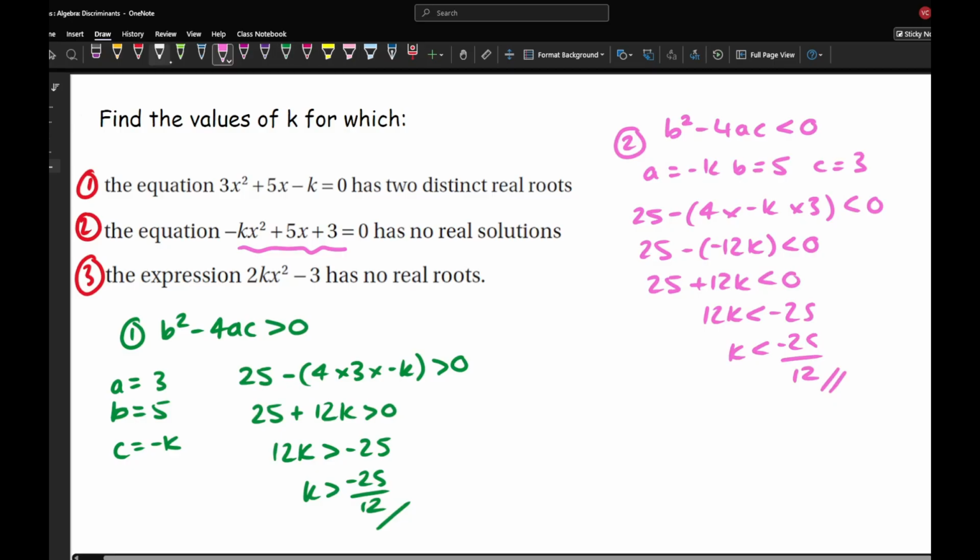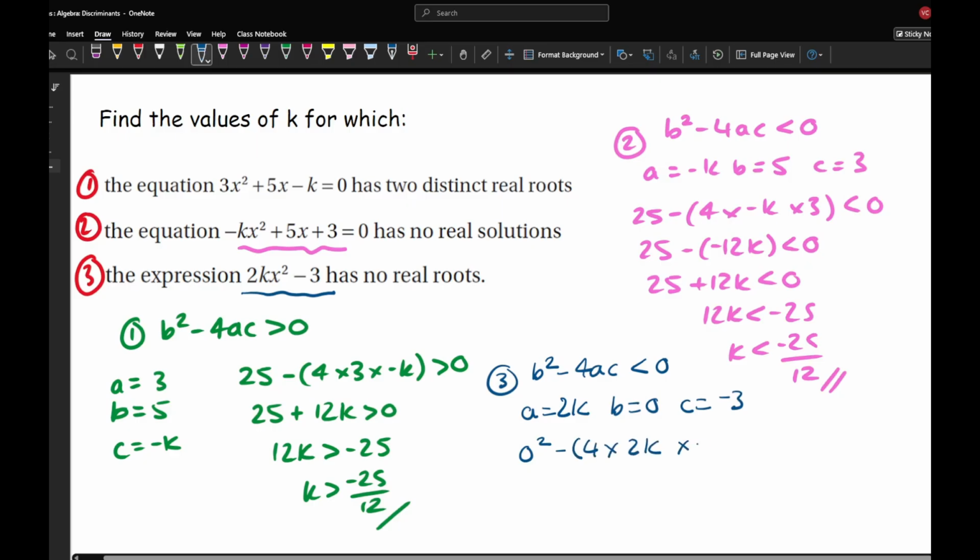And then for C, question 3, it's got no real roots, so that means it's going to be b squared minus 4ac is less than 0. So a is 2k, b is 0, and c is minus 3. So substituting those in, I get 0 squared minus 4 times 2k times minus 3 is less than 0.